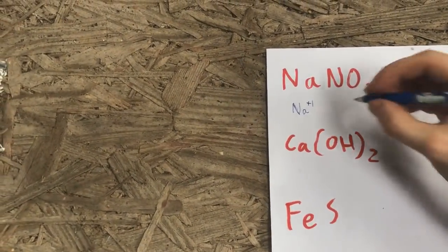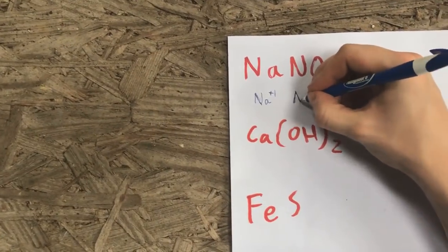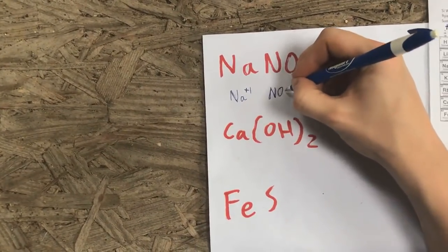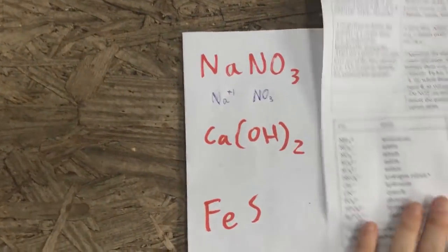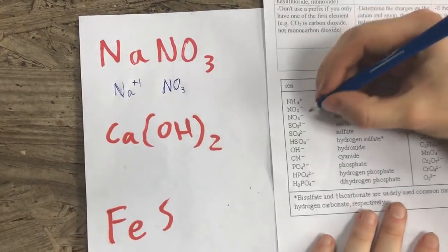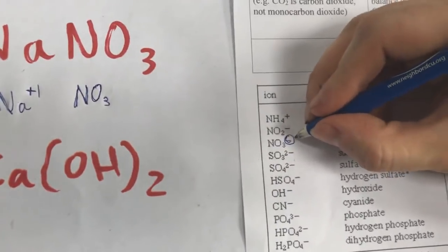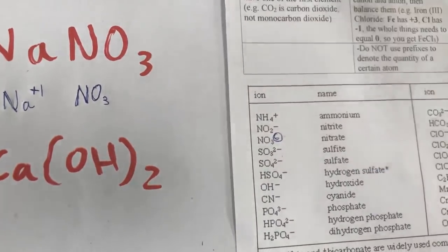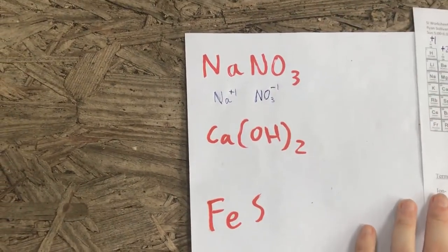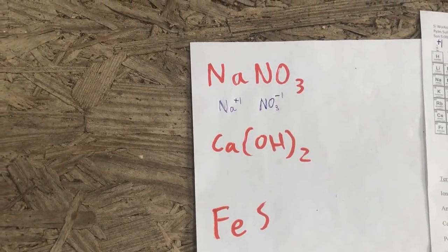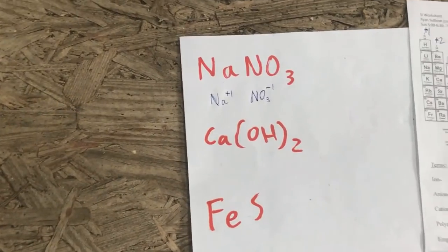Then, you also know that you have an NO3. And because you memorized your list of polyatomic ions, you know that the charge on NO3 is -1. Okay? So that's what we got. We got an Na plus 1 and an NO3 minus 1.